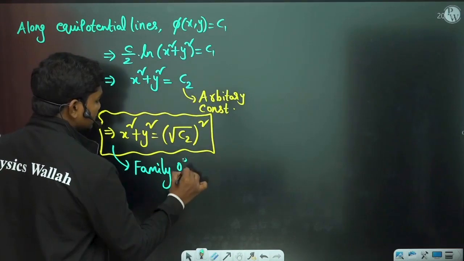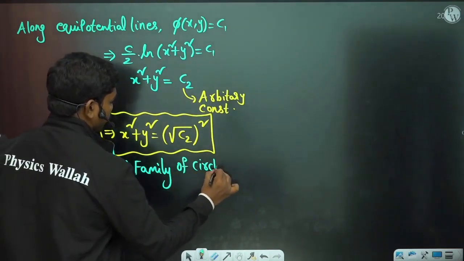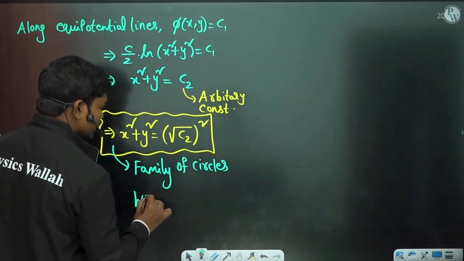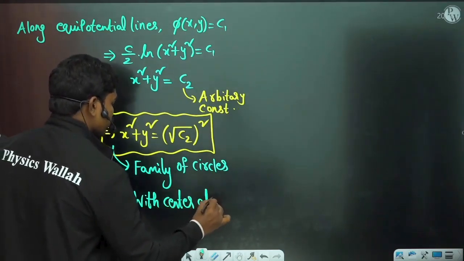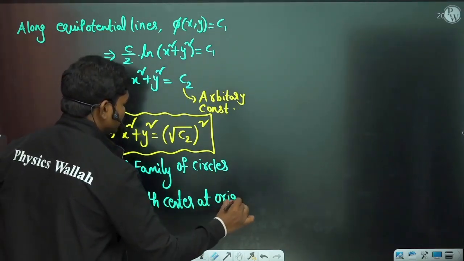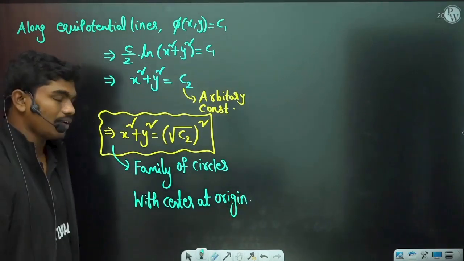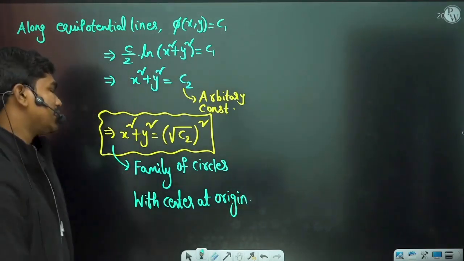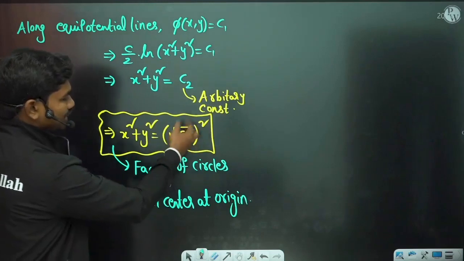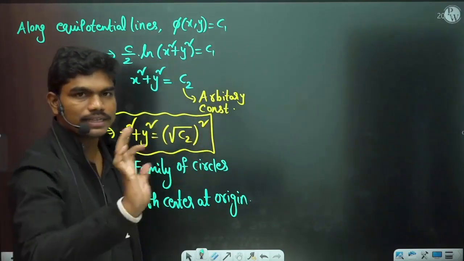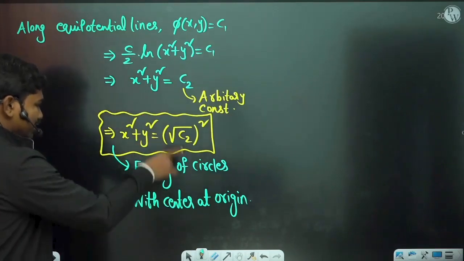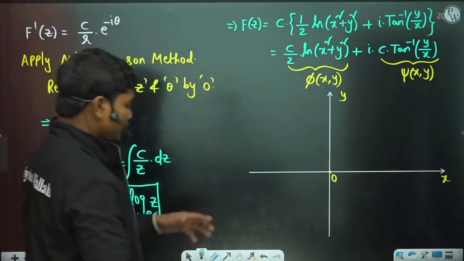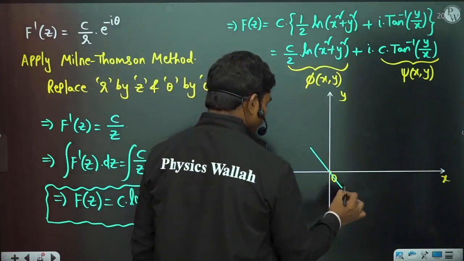So when you take different values of c2, the radius changes but the center remains the same. Therefore these equipotential lines are actually circles with center at origin. So if you draw equipotential lines, they are something like this.